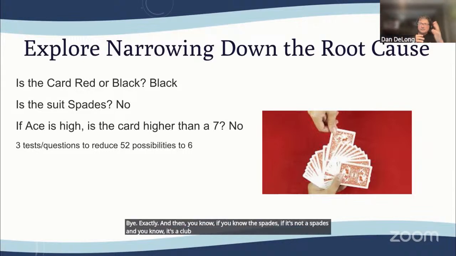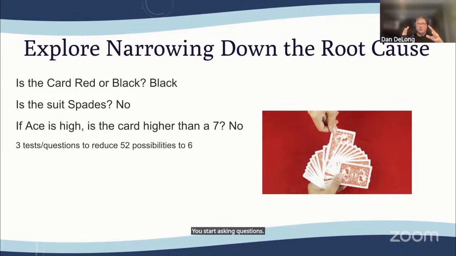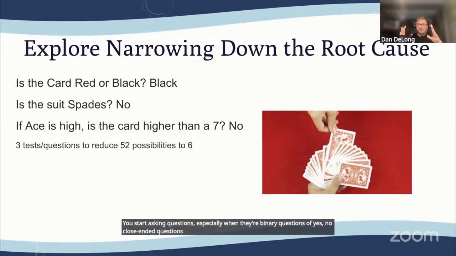And now when you start to get really close to the potential solution, you start asking questions, especially binary, yes or no, close-ended questions of tests. Is the card higher than 7, if ace is high?